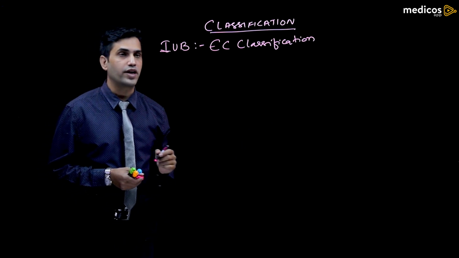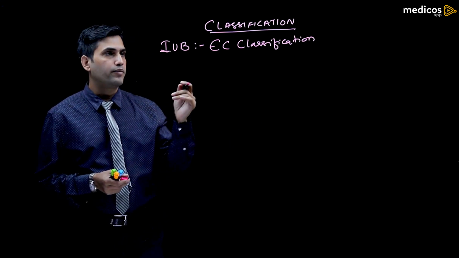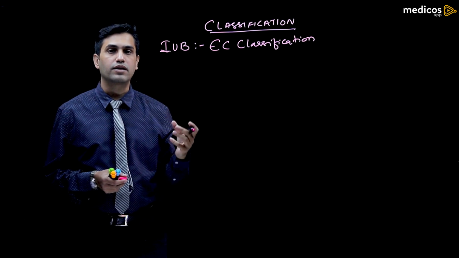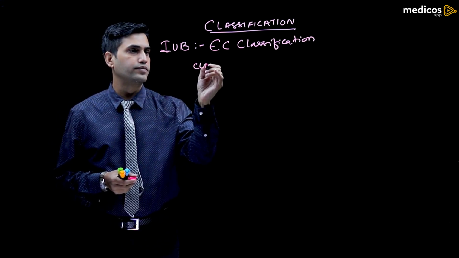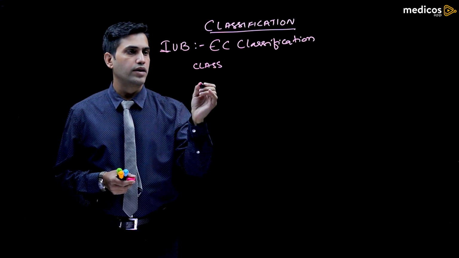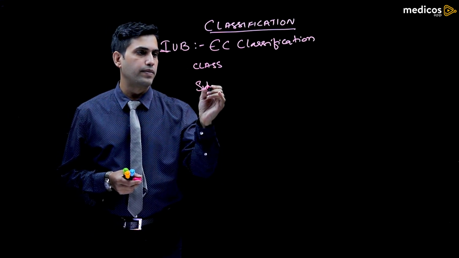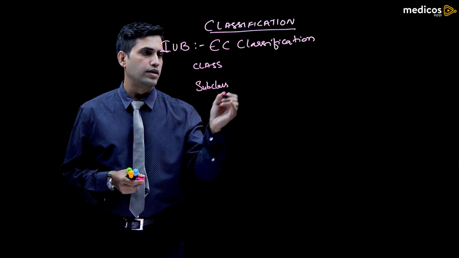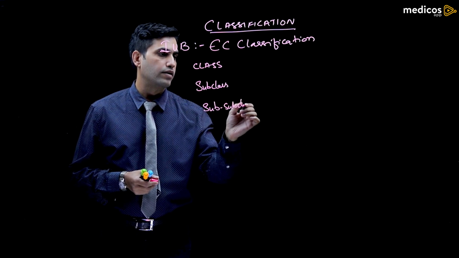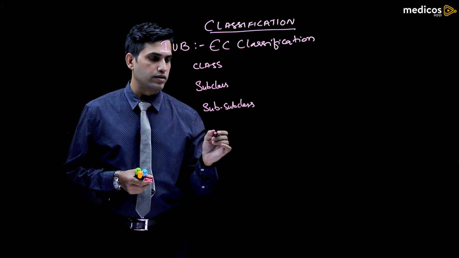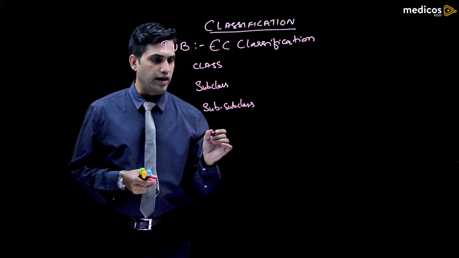This EC classification divides the classification into class, subclass, subclass, and a serial identifier.